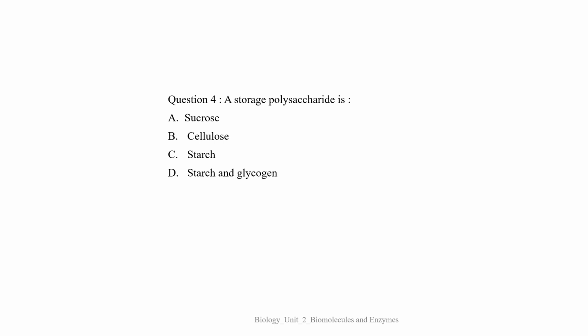Question number 4: a storage polysaccharide is, choice number A, sucrose. Choice number B, cellulose. Choice number C, starch. Choice number D, starch and glycogen. So you just take 5-10 seconds and then we will discuss the correct answer.